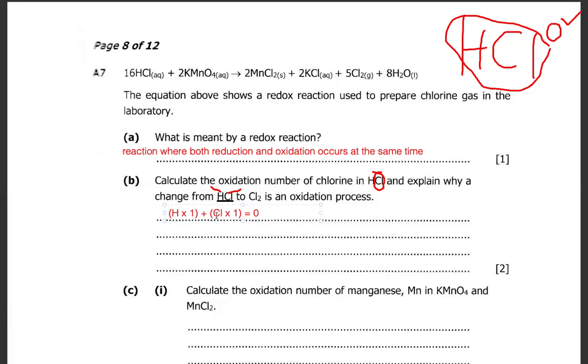The only difference between the oxidation state and the charge is that if the charge is 4 plus, the oxidation state will be written as plus 4.